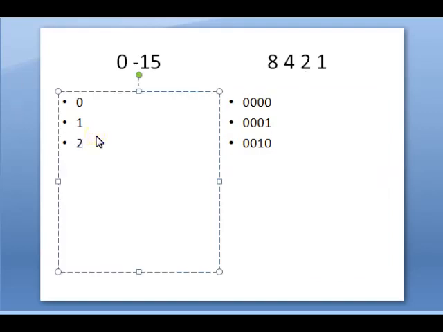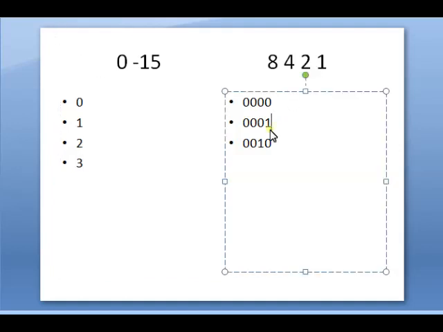So 2 plus 1 is 3. So in the 2's place we will put 1 and the 1's place also we will put 1 and all the other digits should be 0. So how will you write? 0 0 1 1. 2 plus 1 is 3.